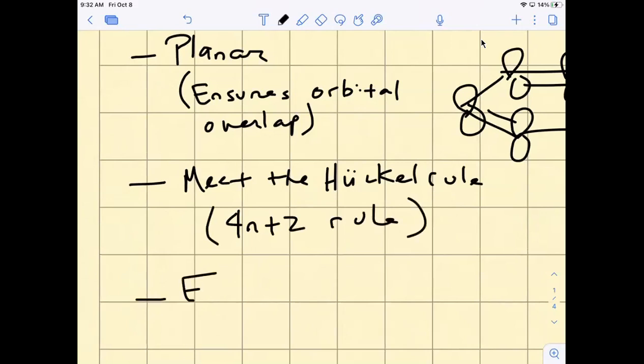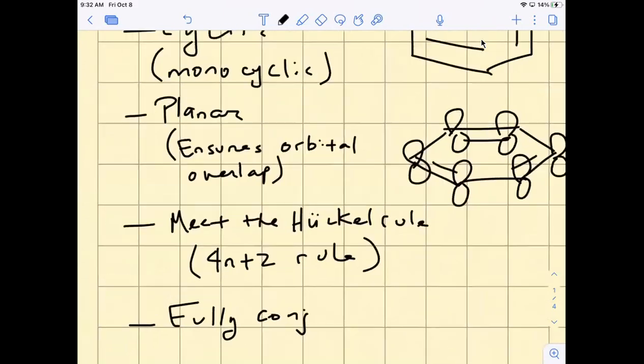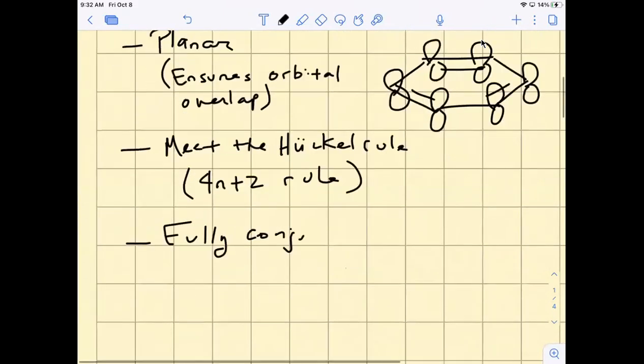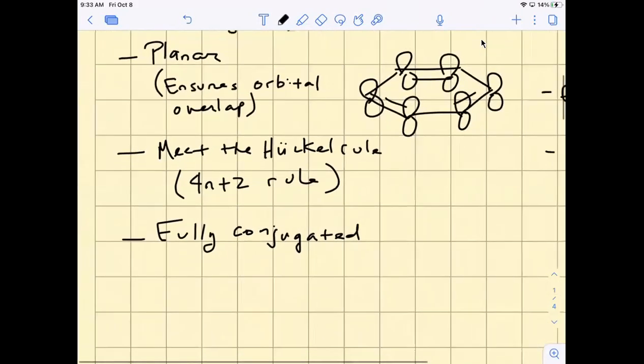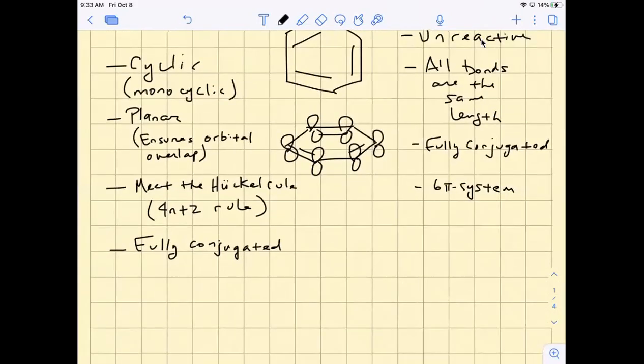And I'm going to explain the 4n+2 rule in a second. And it needs to be fully conjugated. Right, those are the rules that determine whether or not a compound is aromatic.